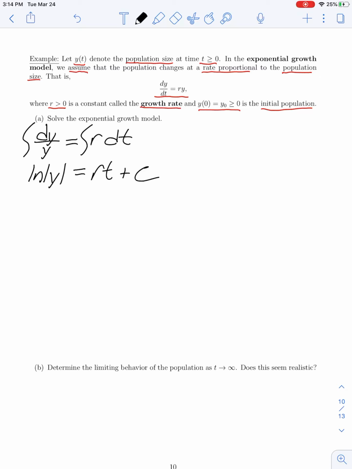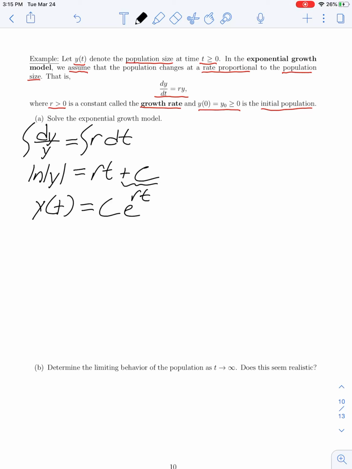So in order to solve for y explicitly, we could exponentiate on both sides, and we're left with y of t is equal to, well, when we exponentiate, as we said earlier, this e to the c power can be considered as a new constant times e to the rt.